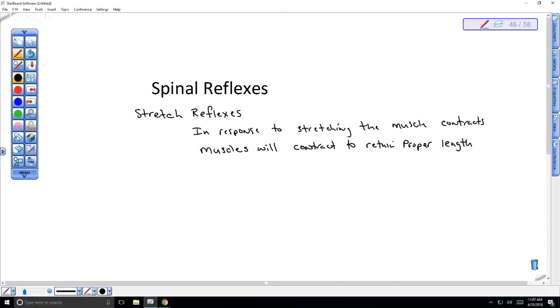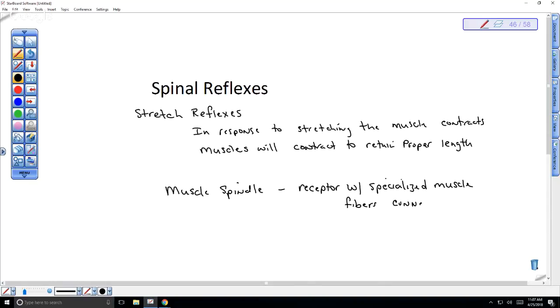So these stretch reflexes actually have a type of mechanoreceptor called a muscle spindle. So this is the receptor. And this has specialized muscle fibers connected to sensory neurons.